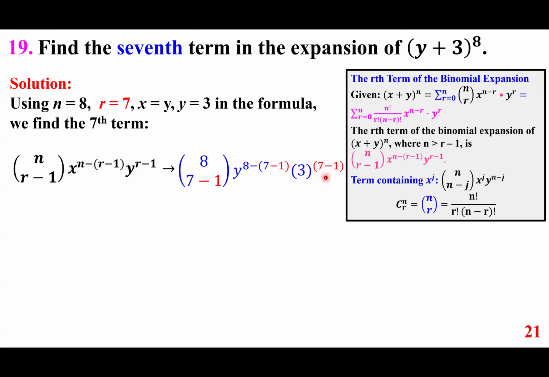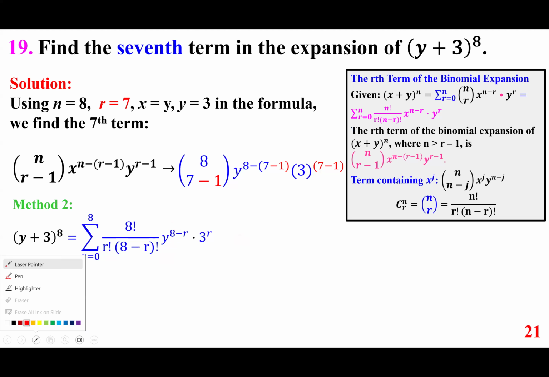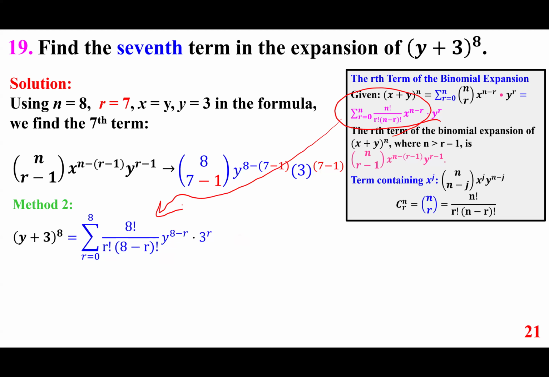But I want to show you a second method that actually makes it a lot easier. And that is, we know y plus 3 to the power of 8 follows this formula. Summation of 0 to 8. So just write down 8 factorial over r factorial, 8 minus r factorial, y to the power of 8 minus r, 3 to the power of r. We are looking at this formula, I believe.